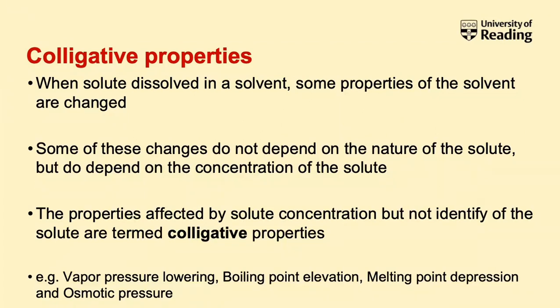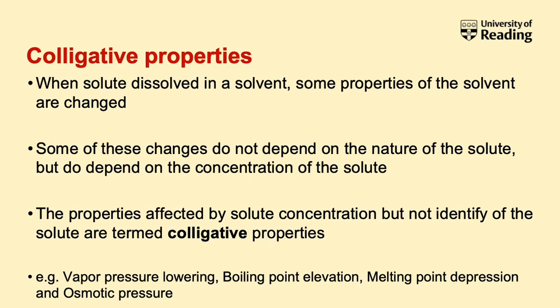Okay, to end lecture 4, I'm going to move on to a different concept that is important when thinking about solutions, and that's the concept of colligative properties. When a solute, our active ingredient, is dissolved in a solvent, some of the properties of the solvent change, such as its boiling point or its osmotic pressure.